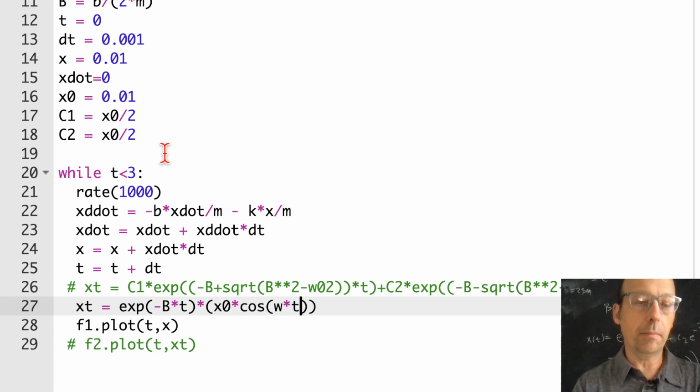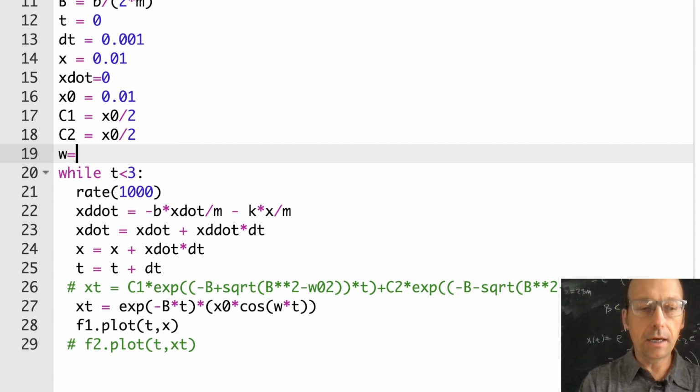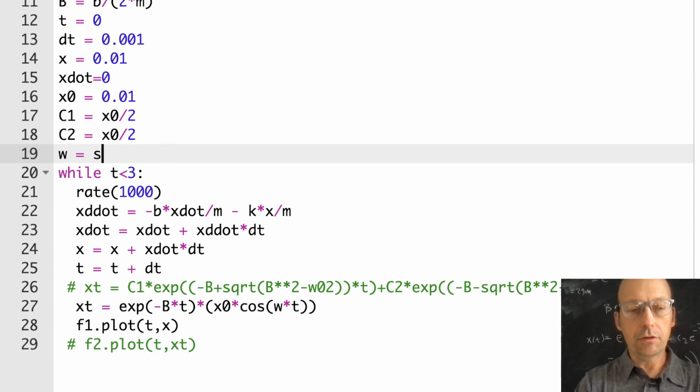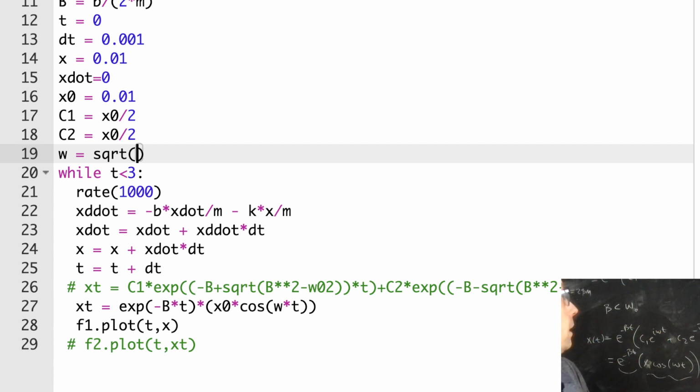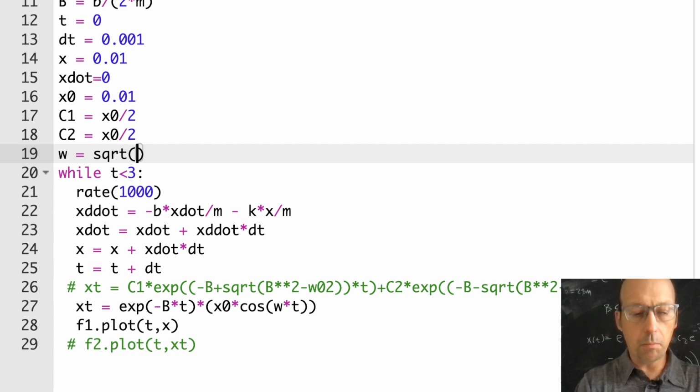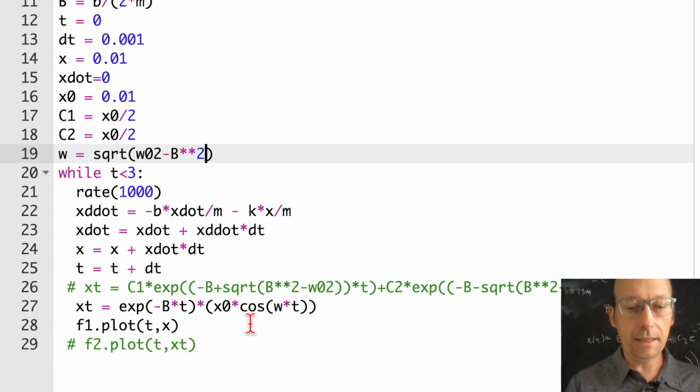Now I didn't calculate omega, so let's do that up here. Omega is equal to the square root of, what did I say it was? It's going to be omega naught squared minus beta squared. So omega naught squared minus beta squared. And that's my omega, and that goes down there.